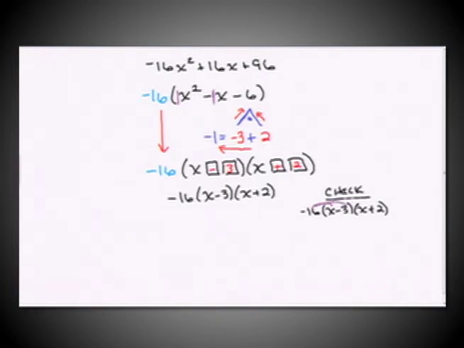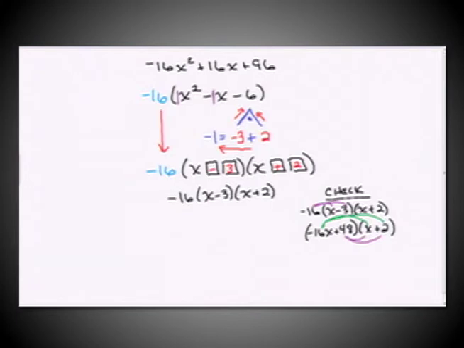We'll get that result and multiply it by the x plus 2. So this is negative 16x plus 48 times x plus 2. Now we have distribution of each term in the first set of parentheses to each term in the second set of parentheses.